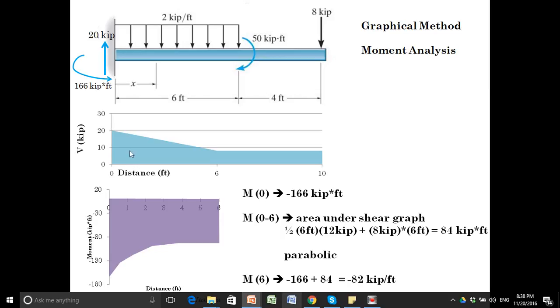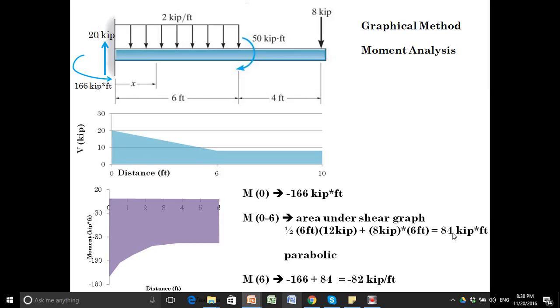From there, because our shear force is linear, we know that our moment is going to be parabolic. All we have to do is find our endpoint, and the way we find it is by finding the area under the curve of shear from 0 to 6. So I split it into a triangle and a rectangle: 1/2 times 6 feet times the height here, which is 12, plus the height, which is 8, times 6 feet.